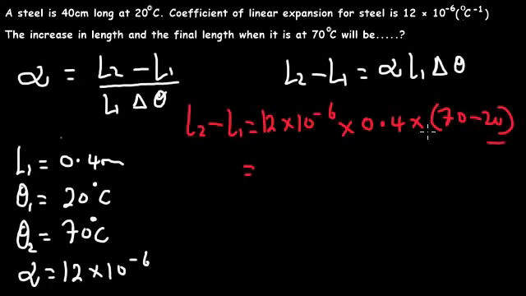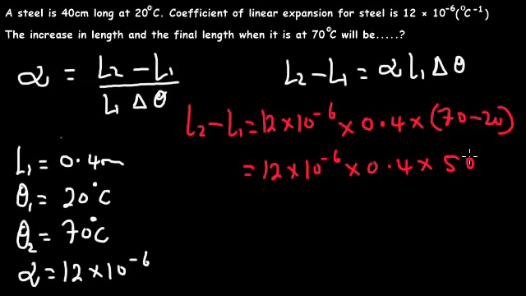But before we do that, let's simplify the change in temperature, and that becomes 12 times 10 to the power of -6 multiplied by 0.4, then multiplied by 70 minus 20, which is simply 50. Right now I'm going to use my calculator for that. Feel free to type that as well to confirm in case there might be any mistake.